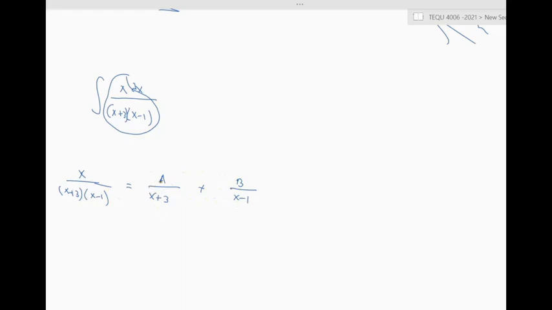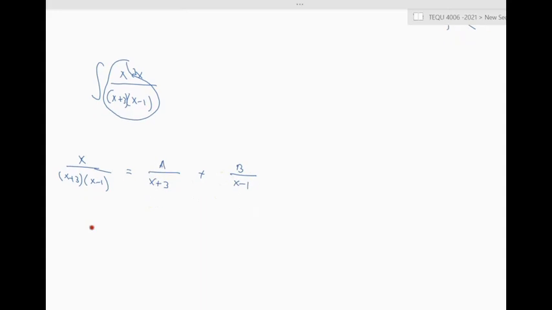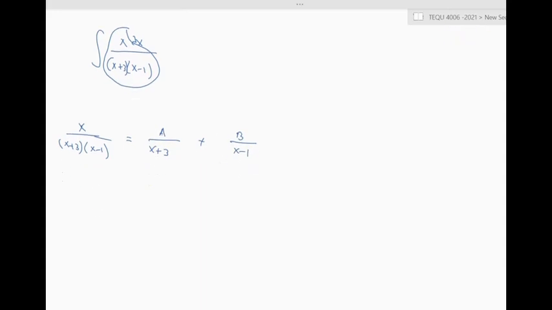Because basically, A and B are constants, and you know how to integrate this already, because the order of the denominator is 1 and the order of the numerator is 0, and you know now that that's definitely a logarithm. And so this one. So what we need to find now is what is A and what is B.